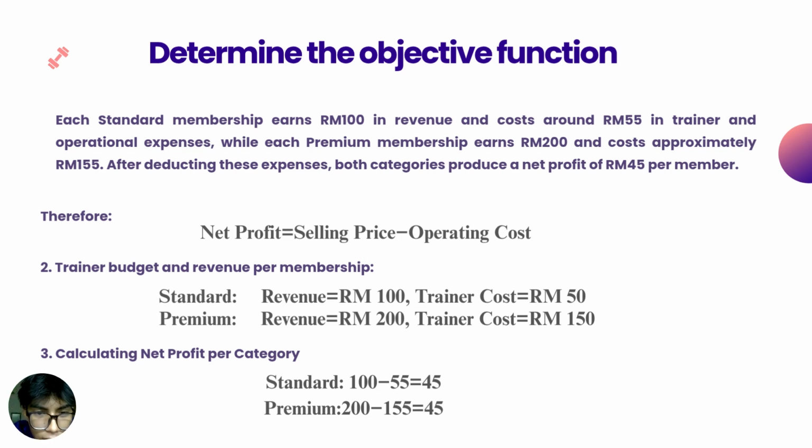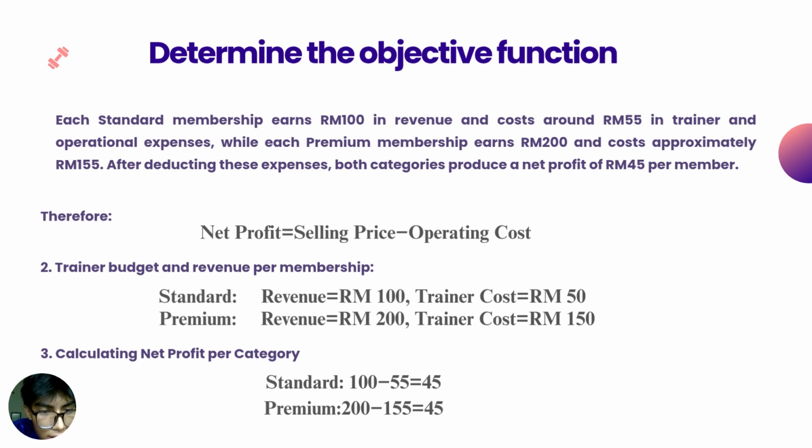And let's determine the objective function. Our objective function represents total monthly profit. As we can see here, each standard membership earns 100 ringgit in revenue and costs around 55 ringgit in trainer and operational expenses, while each premium membership earns 200 ringgit and costs approximately 155 ringgit.